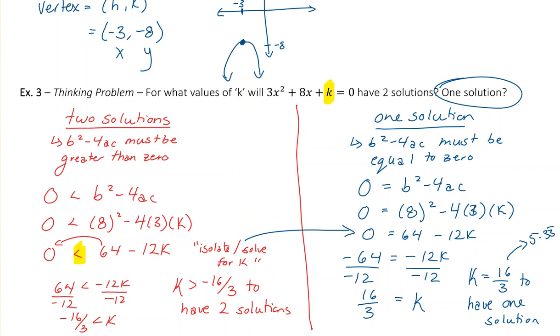And just to correct a mistake over here, we should have made that 64 also negative, and therefore our answer here would be positive and not negative. So this would actually be k must be greater than 16 over 3. Go through that at your own pace, and I hope that helps.